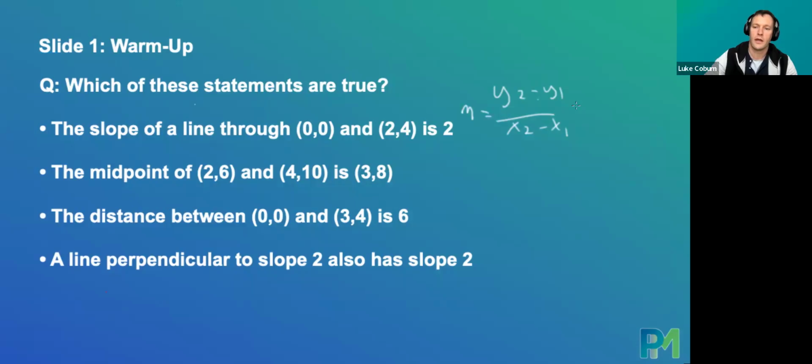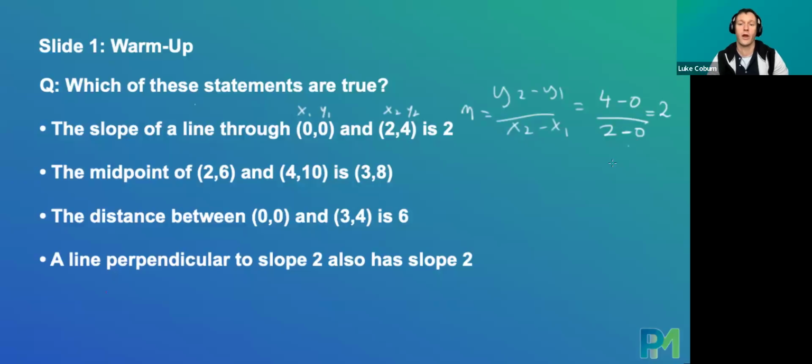Let's say this is x1, y1 and this is x2, y2. So it would be 4 minus 0 over 2 minus 0. That's 4 over 2. That's 2. That's right.